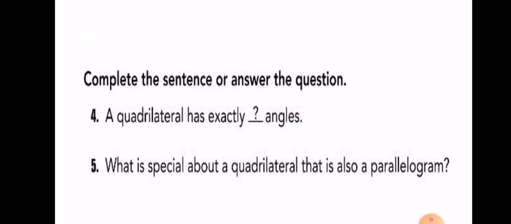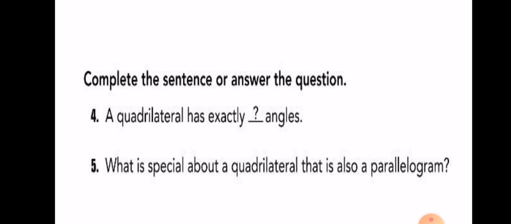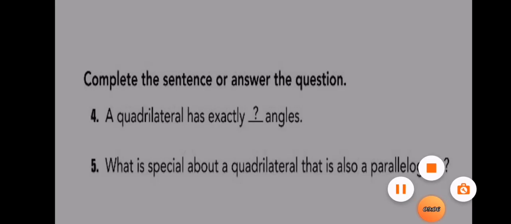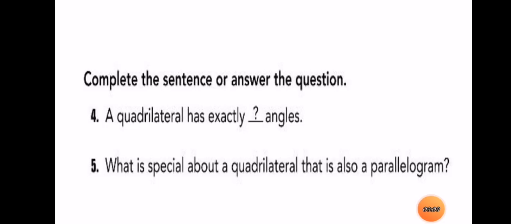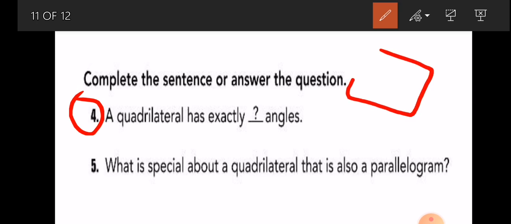The next, complete the sentence or answer the question. Question number 4. A quadrilateral has exactly how many angles? Draw any quadrilateral, any four sides, and count. Here 1, 2, 3, 4. So I have exactly 4 angles. Number 5.